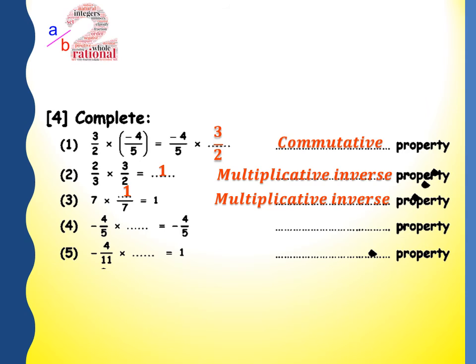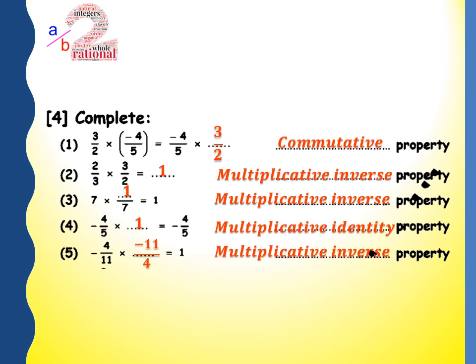Here, negative 4 over 5 times what gives me the same rational number times the neutral element, the multiplicative identity, which is 1. And here negative 4 over 11 times what gives me 1, times its reciprocal, its multiplicative inverse.